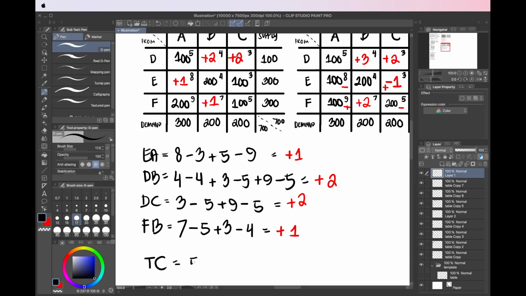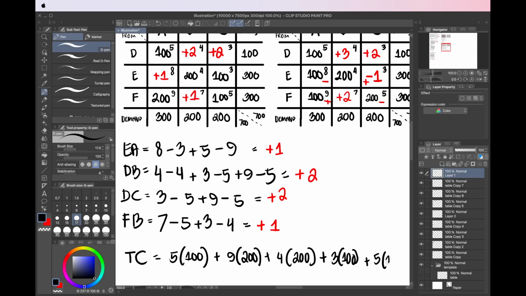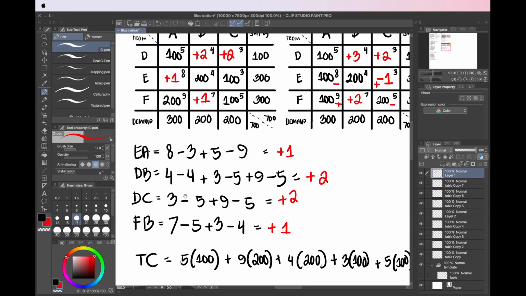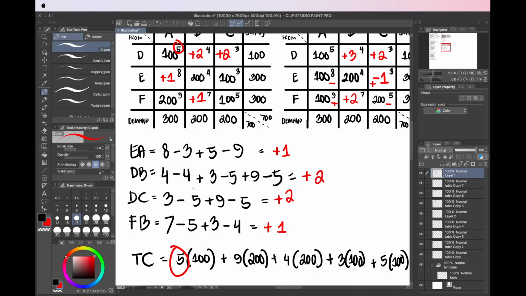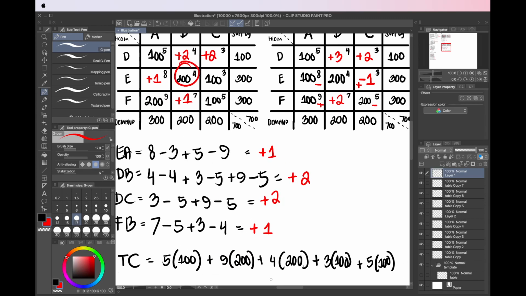So 5 times its entry, 100, plus 9 times 200, plus 4 times 100, plus 3 times 100, plus 5 times 100.